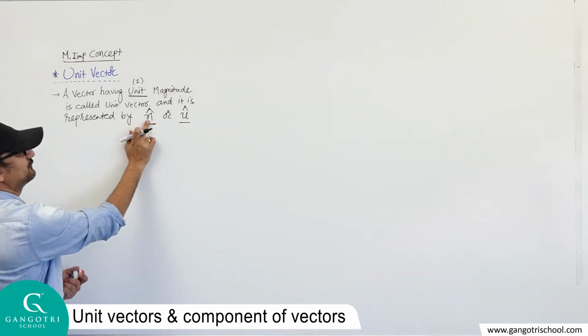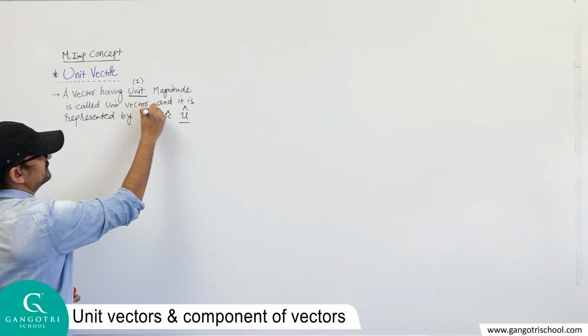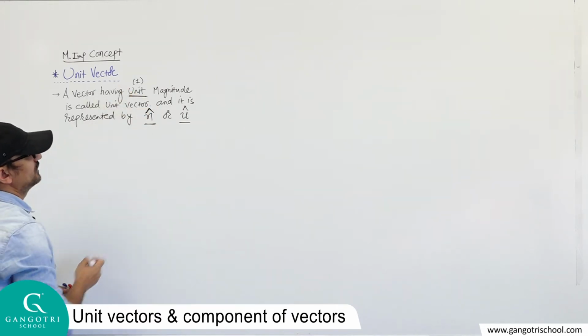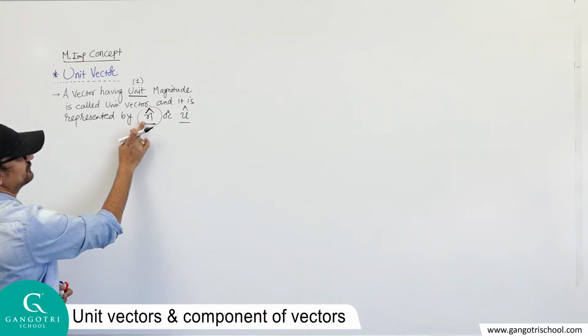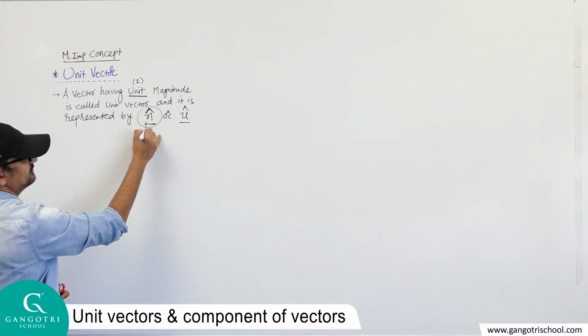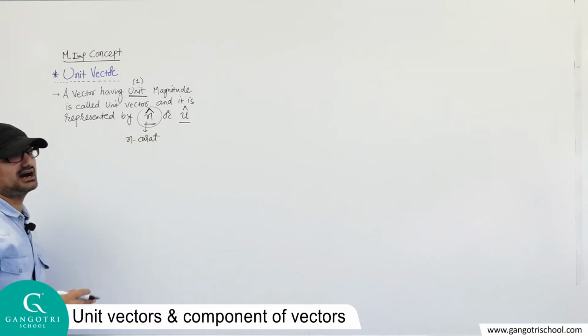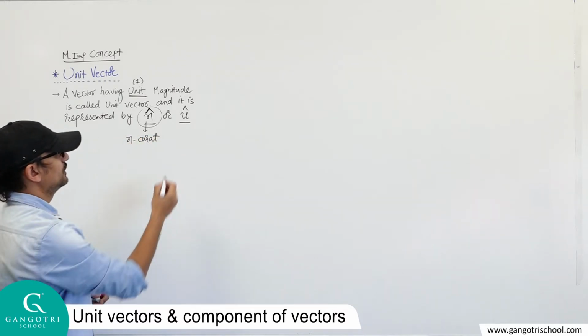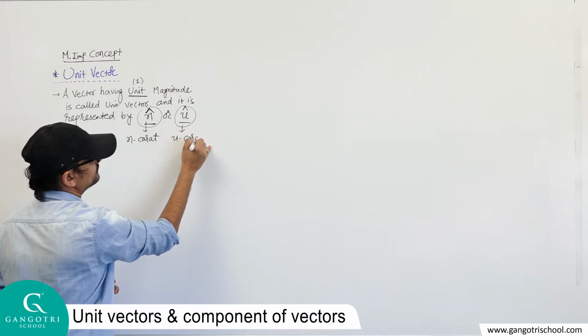This is simply the alphabet N, but over that you will see this hat. How to read this? Remember, this can be read in this way: N caret, C-A-R-A-T, N caret. It is also represented by U caret.